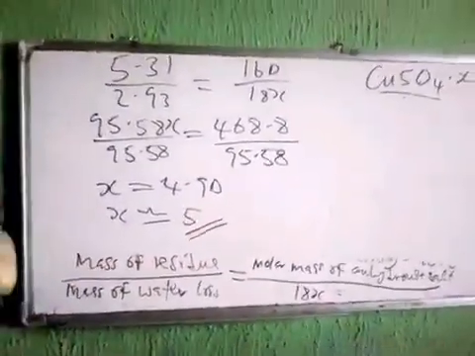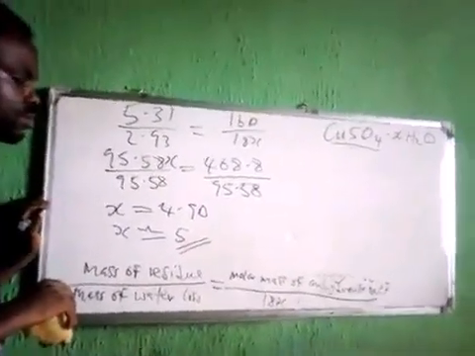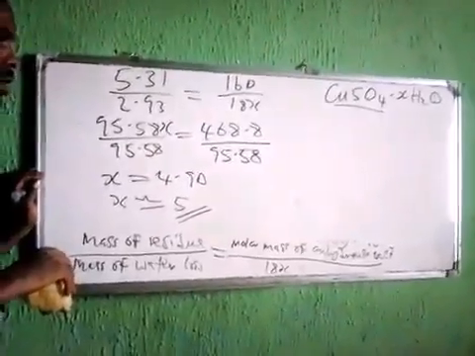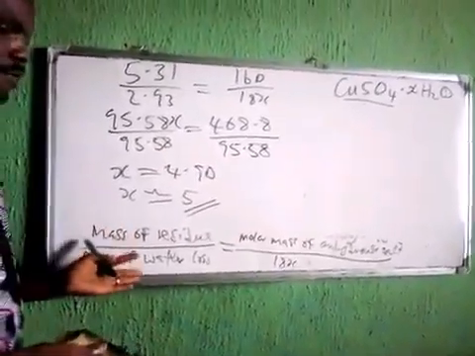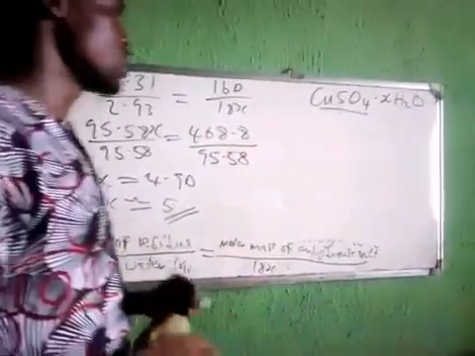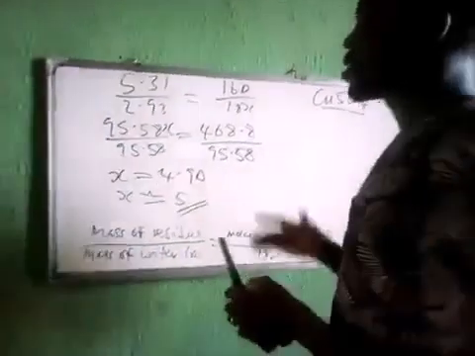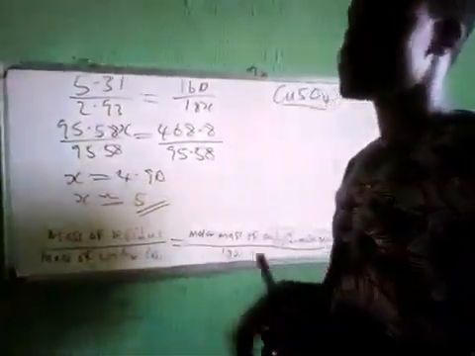So with this, you have been able to solve the problem. Just apply the formula, fill in your values, and you get your answer. There are times that the question may not come in that form.